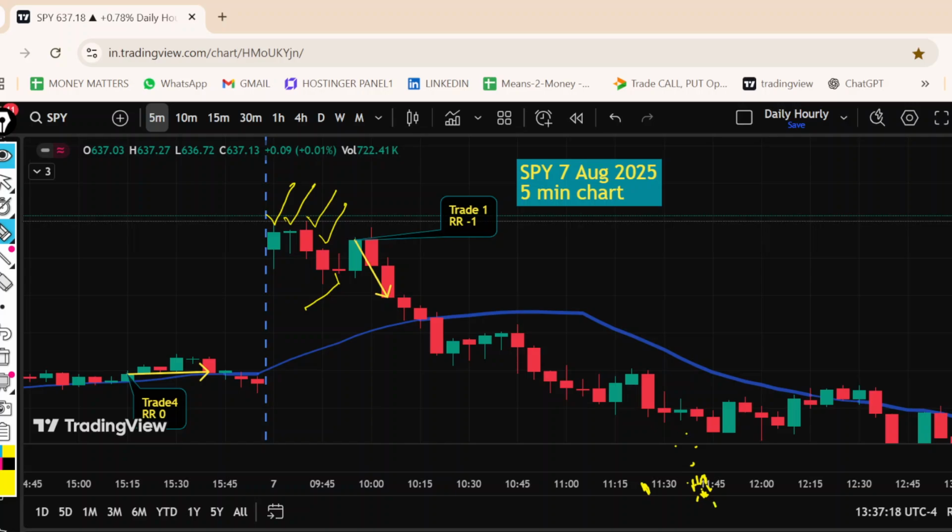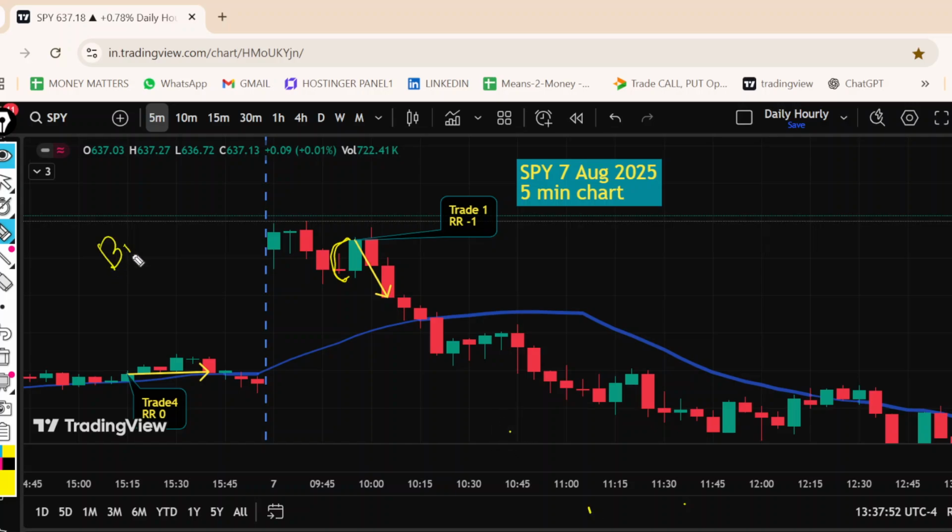Now the sixth candle, if you can see, is a solid green candle. This candle also breaks the high of the previous two candles in one shot. Also, it is a full body candle.